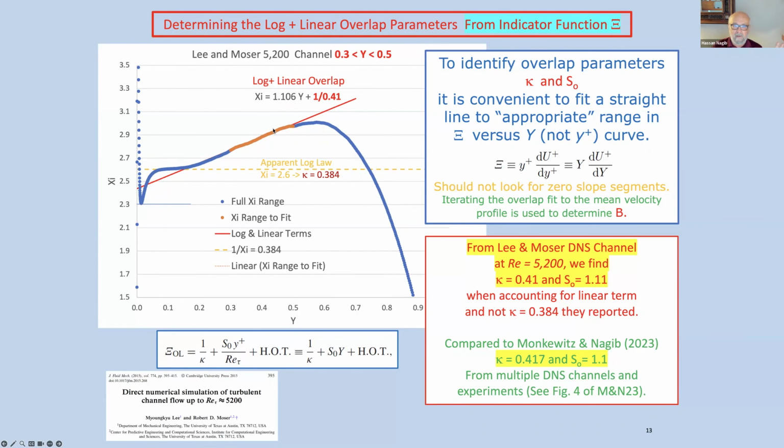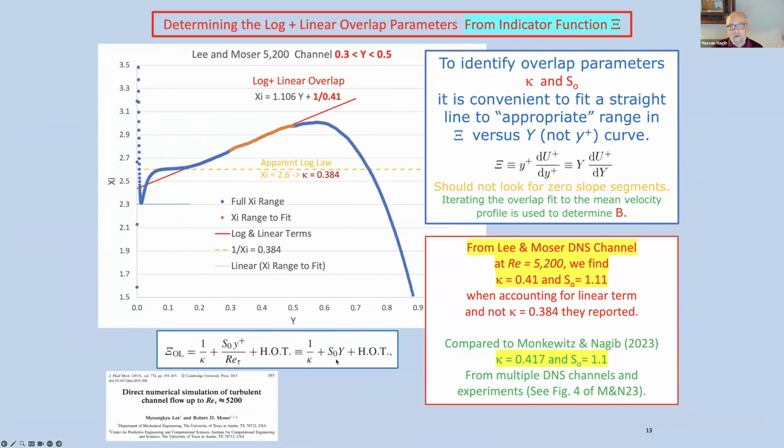Well, if you fit over a range, and I'll talk about the range of y between 0.3 to 0.5, you see this orange part with a linear fit, and I'm going to use this type of figure so often, so I want to spend a minute here to explain it. You get S0 from this slope, and you get kappa from the intercept, because your equation has 1 over kappa in it, and that's the intercept in C, and S0 is the slope.